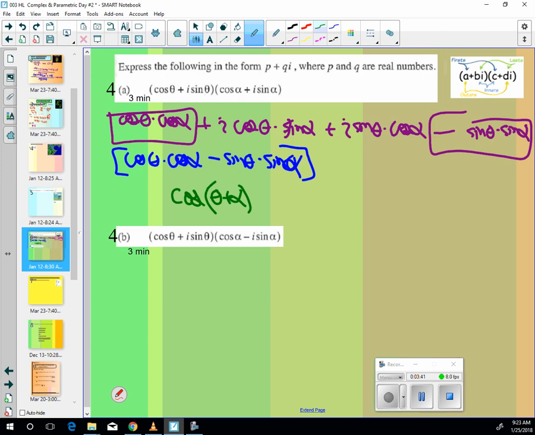And then the rest of this is going to be plus i times, actually I'm going to reverse these, I think. I'm going to do this one first. Sine theta cosine alpha plus cosine theta sine alpha.